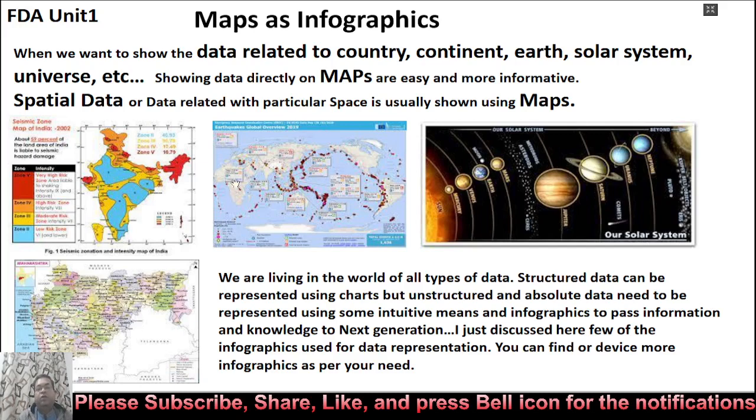Here you can see the world earthquake map which shows the earthquake prone zones. We can show the map of a solar system. So we see here the sun, Mercury, Venus, our dear planet Mother Earth, then Mars, Jupiter, Saturn, then we have Neptune, Uranus, and we also have Pluto here.